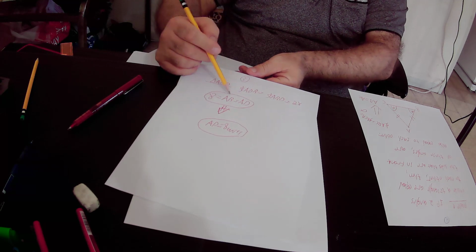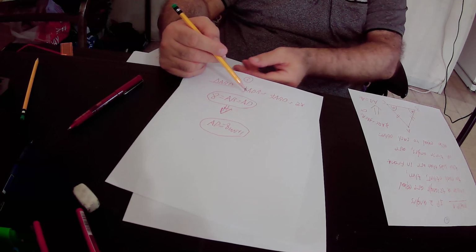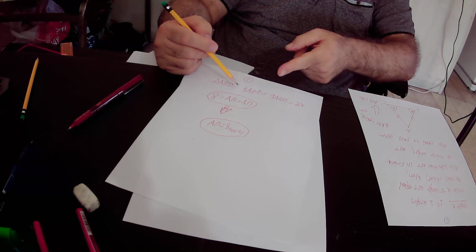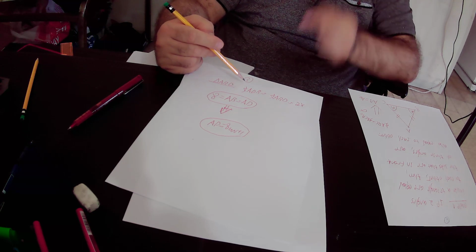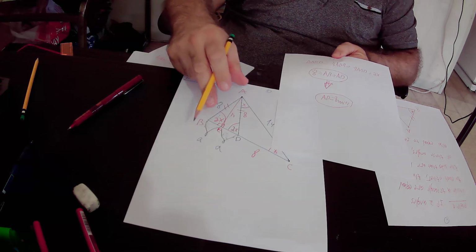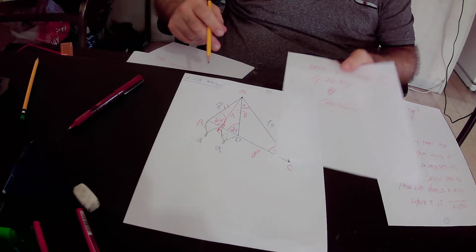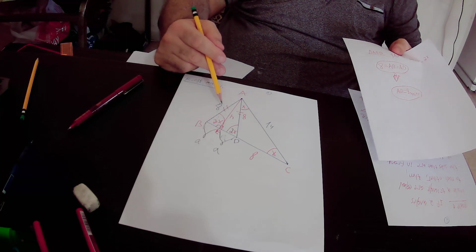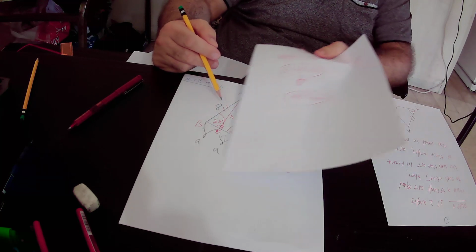According to rule number one, AB equals AD, because they are the sides that are in front of the equal angles. But we know that AB equals 8 units. It is given in the question.